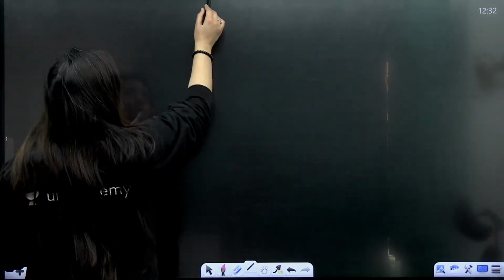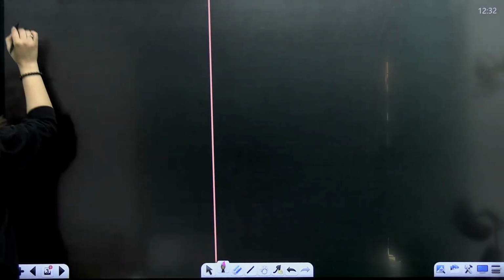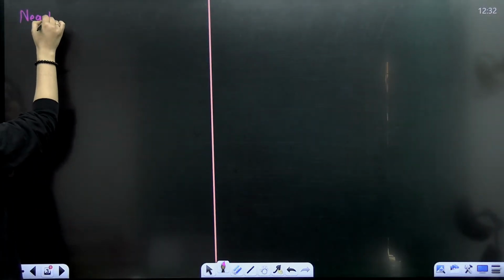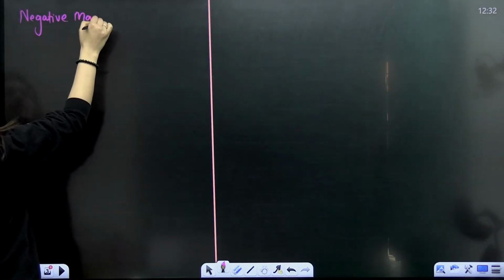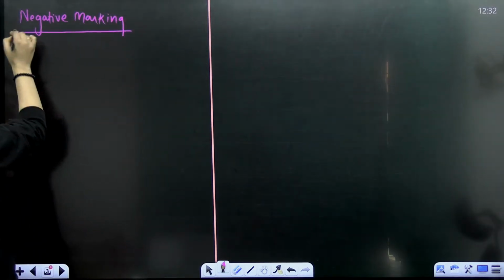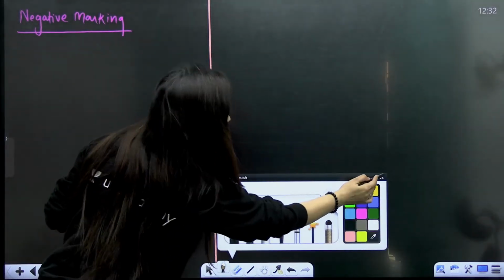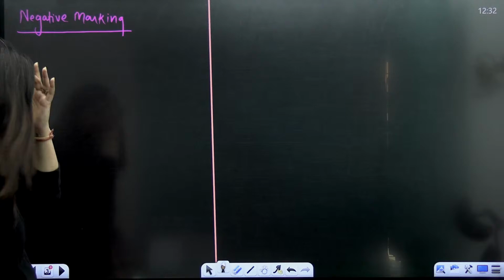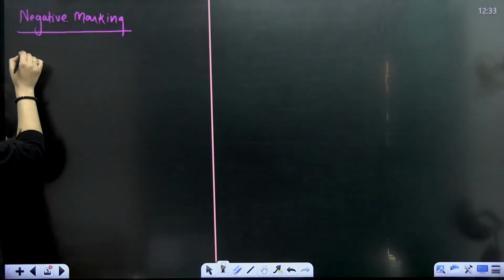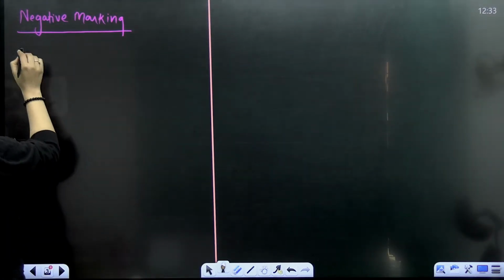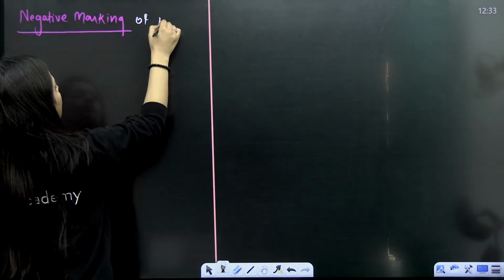Now, let's talk about the negative marking first, then I'll discuss the cutoff. In your NEET examination, there is a negative marking of 1/4 mark.